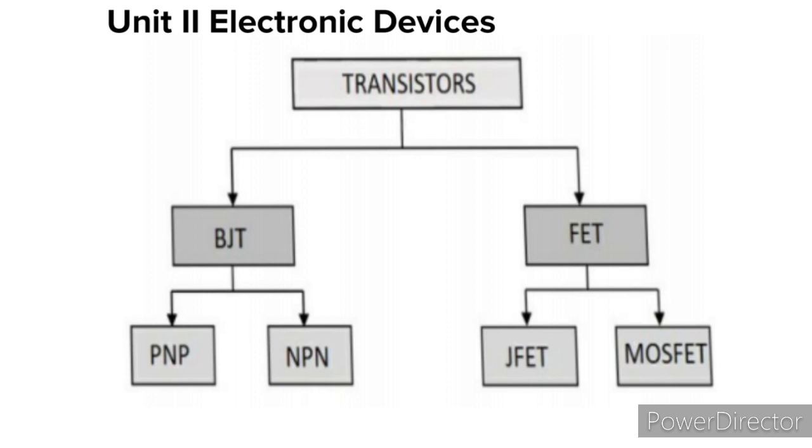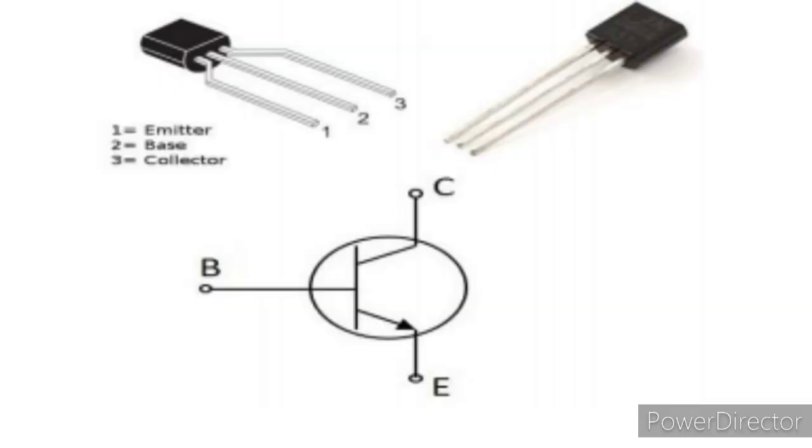BJT, bipolar junction transistor. A bipolar junction transistor, shortly termed as BJT, is called so as it has two PN junctions for its function. This BJT is nothing but a normal transistor.